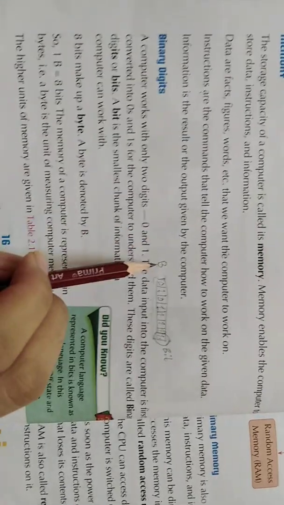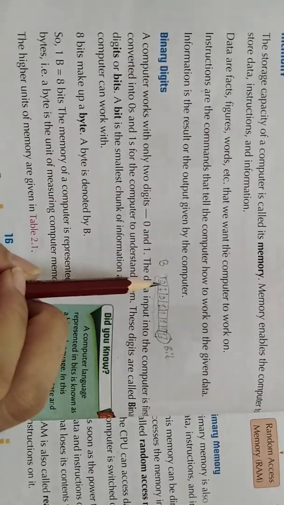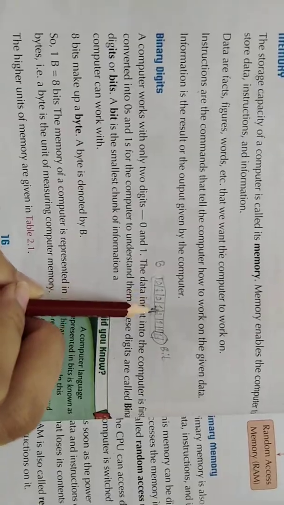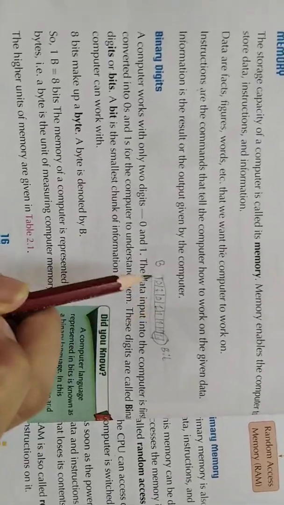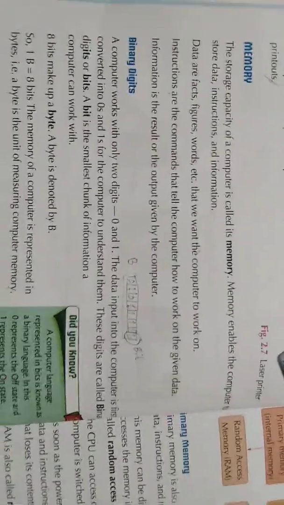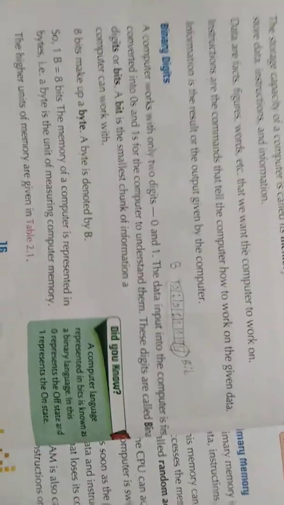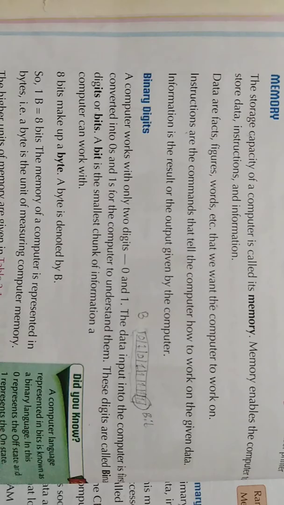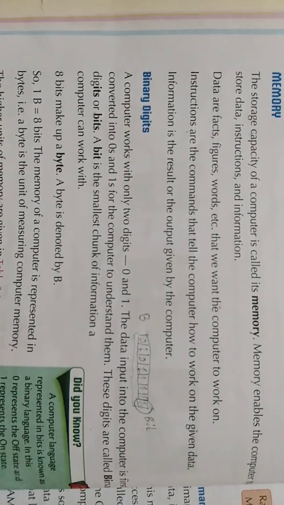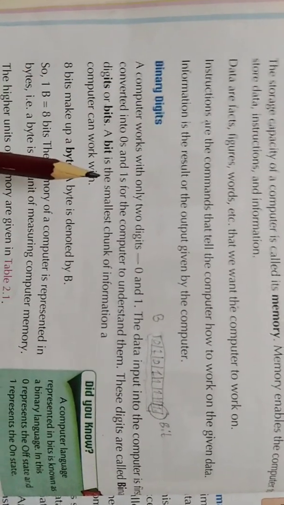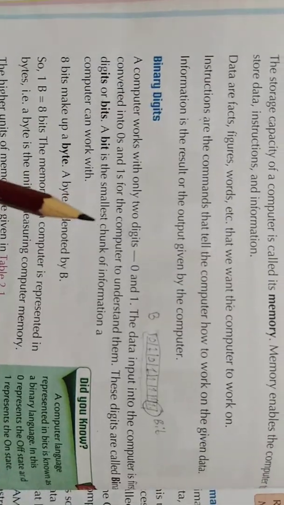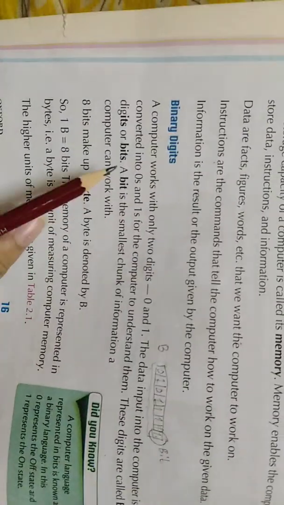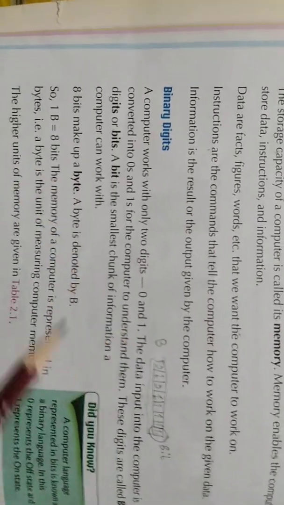If you print only B, it will be printed like this: 0 1 0 1 1 1, or combinations of 0 1. Actually, there are the units of measuring the memory, which are bytes, kilobytes and several others.